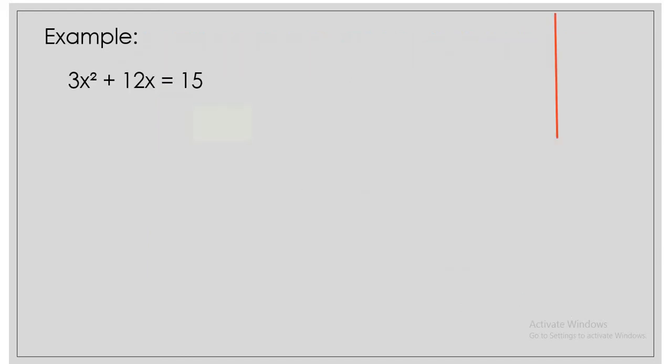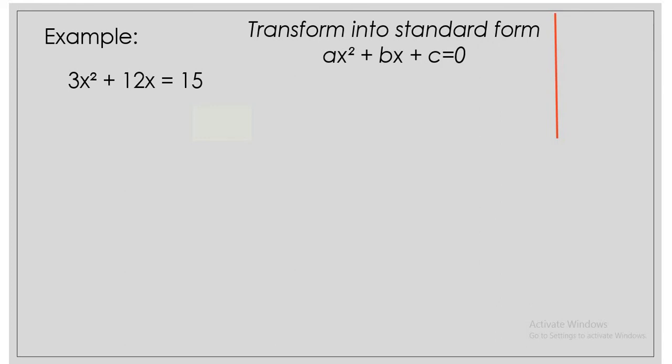Let's have an example. 3x squared plus 12x is equal to 15. The first step is to transform it into standard form ax squared plus bx plus c is equal to 0, because if you will notice, our equation is not written in the standard form.